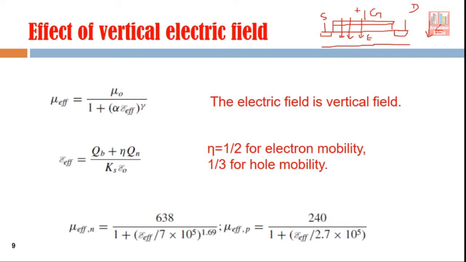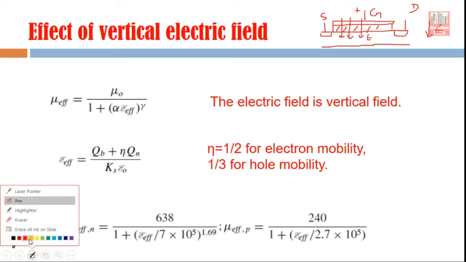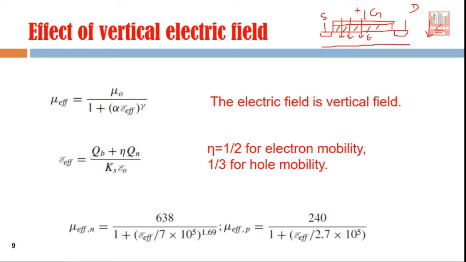The reason is that they all are free electrons here, and because of this, the electrons will get attracted towards the oxide semiconductor interface. This is your oxide, right? So what will happen to the electrons? If I use a different ink here, black, the electrons will be confined to this part, right?